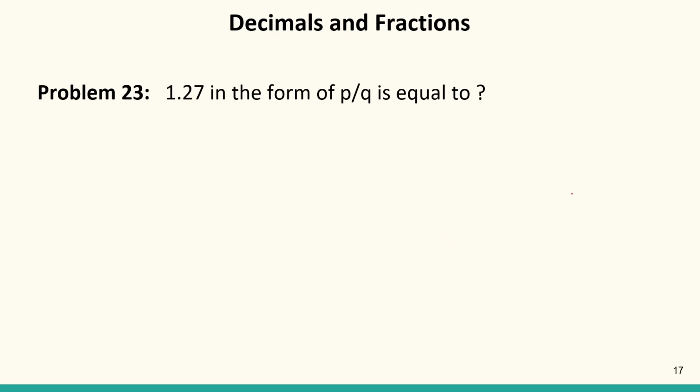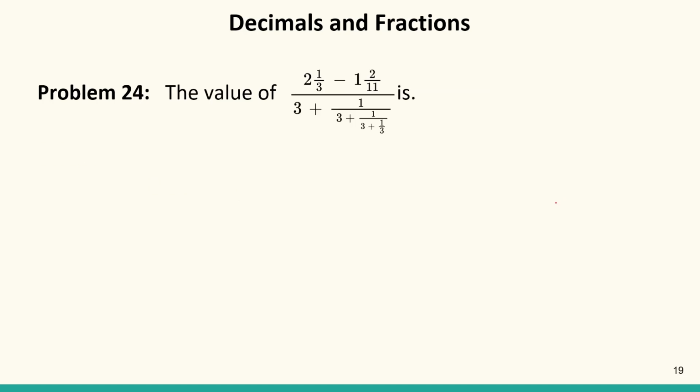So 1.27 in the form of p by q, what is it equal to? 1.27 is equal to 127 by 100. Next, the value of 2 whole 1 by 3 minus 1 whole 2 by 11, whole by 3 plus 1 by 3 plus 1 by 3 plus 1 by 3.